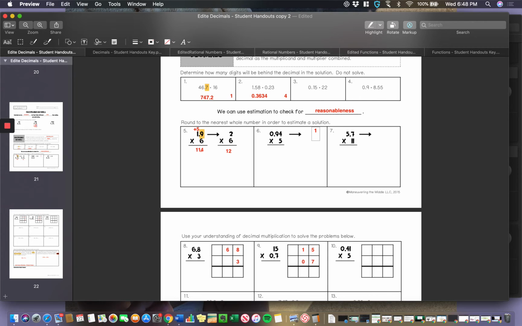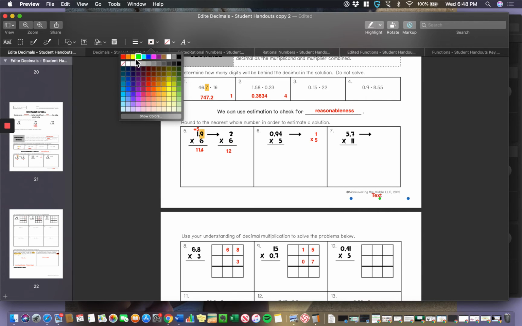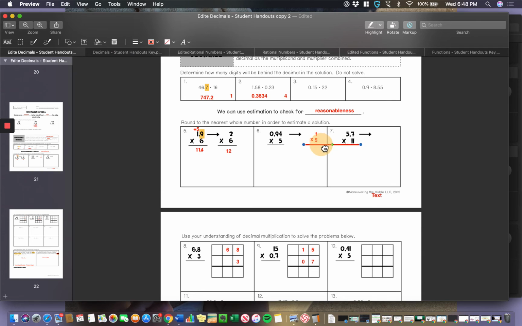And you can multiply the number 1 by 5. And on the next problem, 5.7 is very reasonable to say that it's close to 6. And you can multiply that by the 11 that's there.